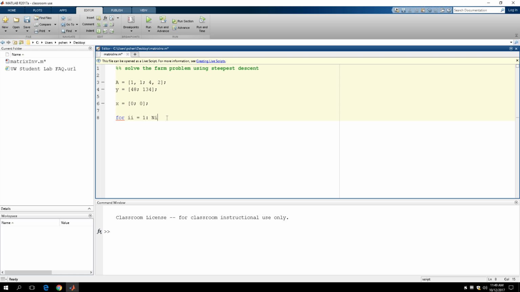Let's call it ni, number of iterations. Let's give it like 10,000. So later on, when we actually try to encapsulate a certain section of code into a function, we can just use ni as one of the inputs to that function, and so that's gonna be the loop that we'll try to construct.